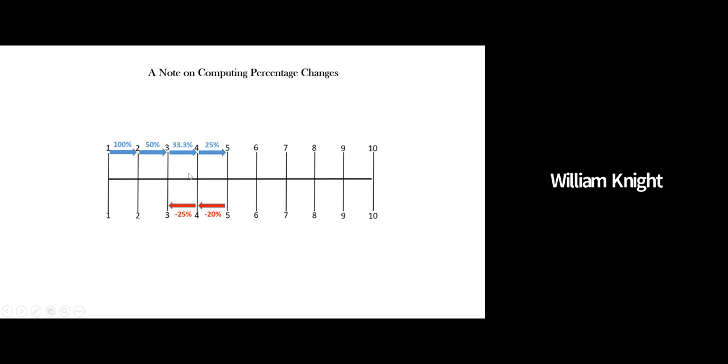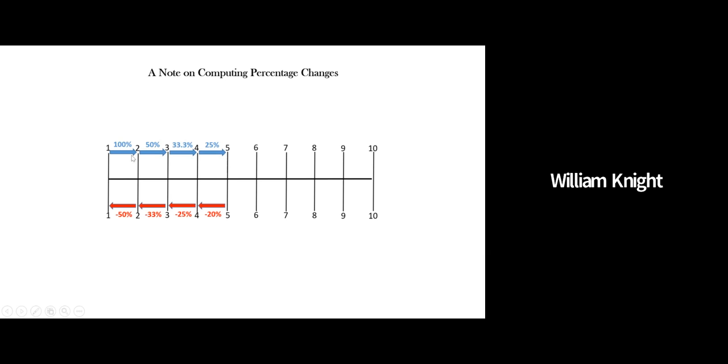It's a negative 25% change. Now, from 3 to 4 is a 33% change. From 4 to 3 is a negative 25% change. From 3 to 2 is a negative 33% change. And from 2 to 1 is a negative 50% change. Now, you'll notice how quirky percentage changes are, because not only does percentage change differ from increment to increment based upon where we are in the grid, but it also changes based upon the direction in which we are going.